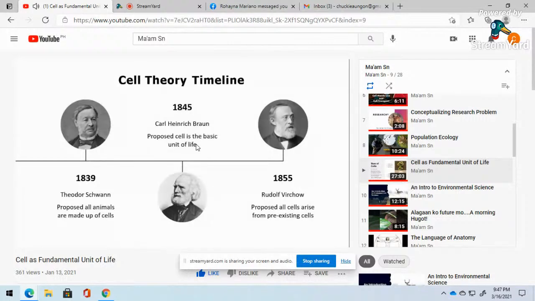In 1845, Karl Heinrich Braun revised the cell theory with his interpretation that cells are the basic unit of life. In 1855, Rudolf Virchow proposed all cells arise from pre-existing cells.